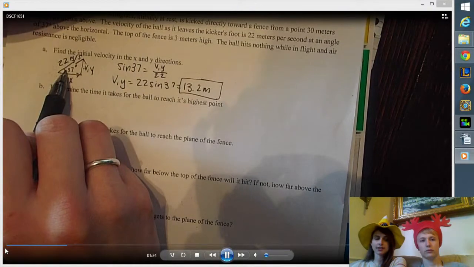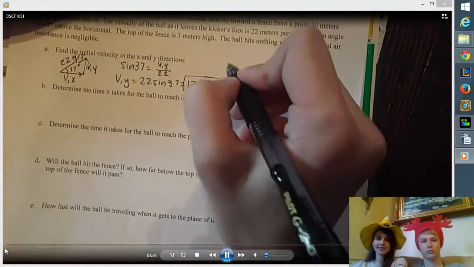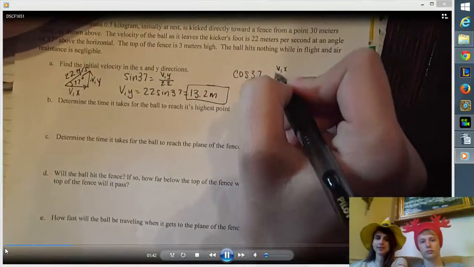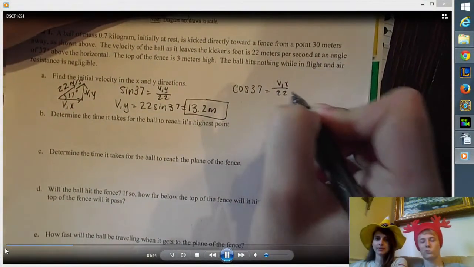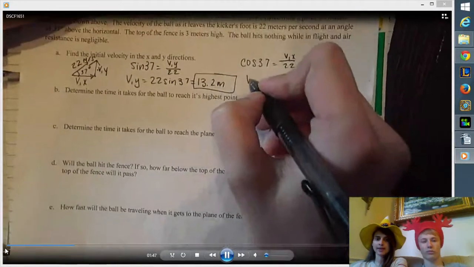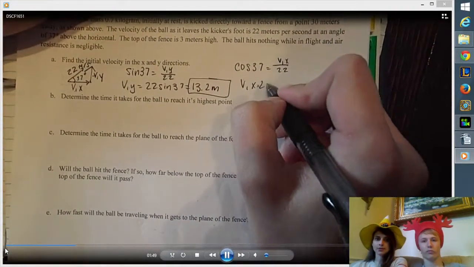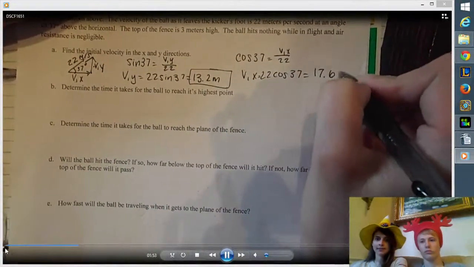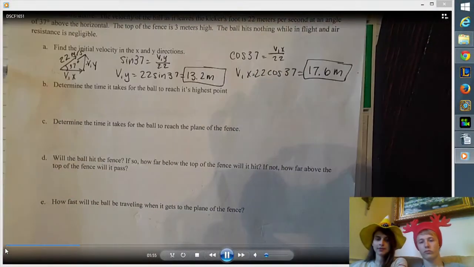Sine goes with y, cosine with x. So for the x direction, V1x equals 22 cosine 37, and that is 17.6 meters per second.